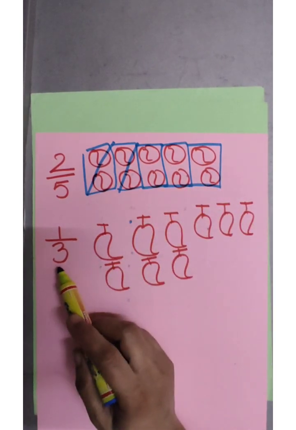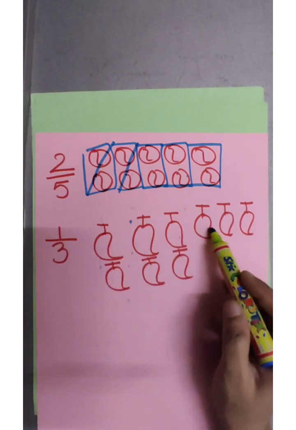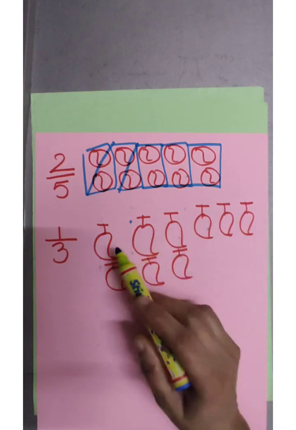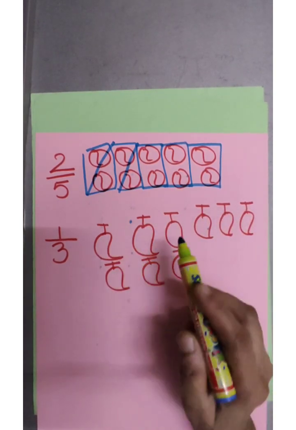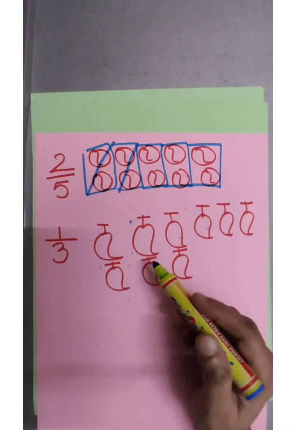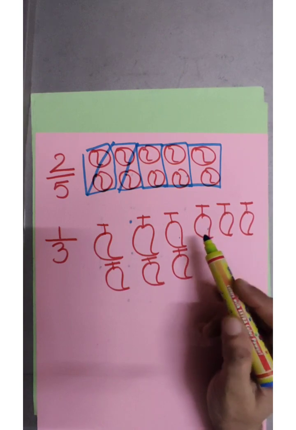Now suppose your fraction is 1 by 3, but here you are having 1, 2, 3, 4, 5, 6, 7, 8, 9 mangoes. That means you have to divide these 9 mangoes equally into 3 parts. So let us read the table of 3. 3 ones are 3, 3 twos are 6, 3 threes are 9. That means we have to make 3 sets of 3.